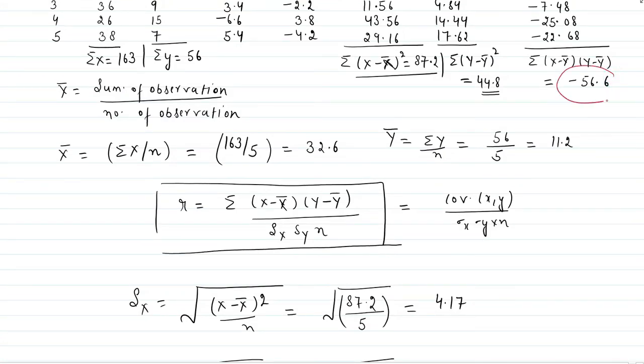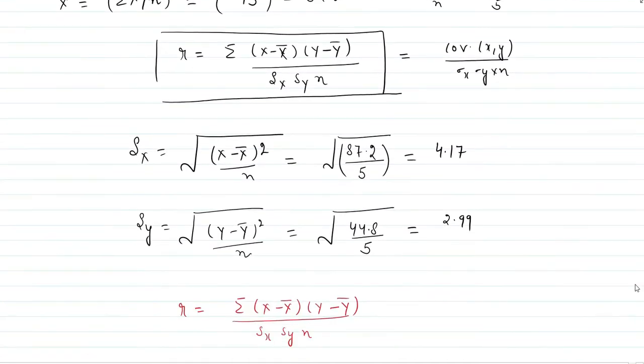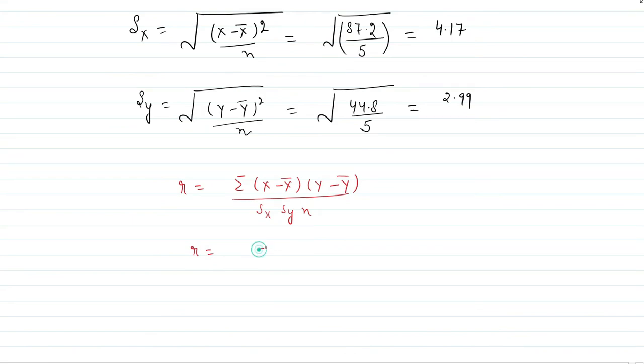Now sx is 4.17, sy is 2.99, and the value of n, the number of samples we have taken, or the total data, is 5.